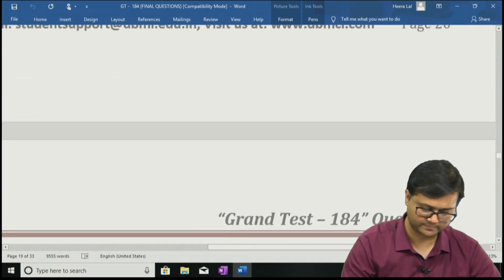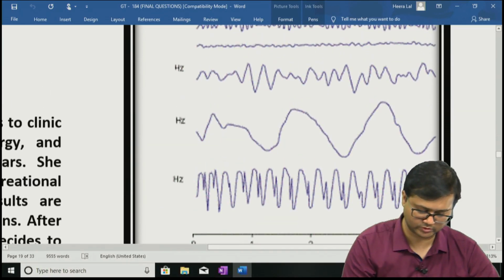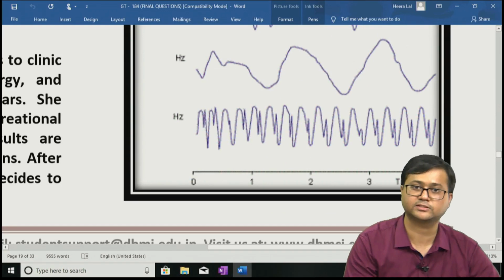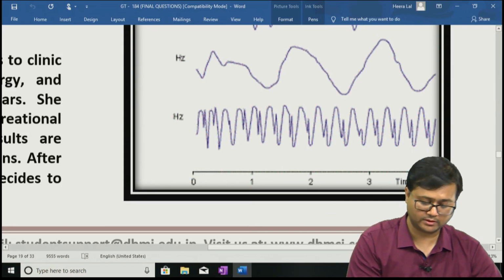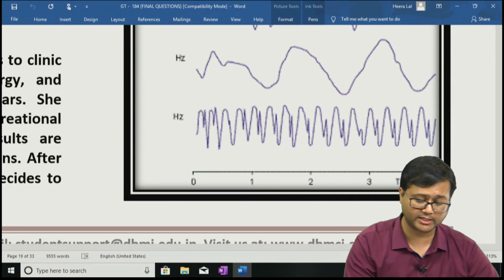Now let us discuss. They've also given the time scale on the x-axis. So the number of waves in 1 second generally tells the frequency. This is how we tell what kind of wave it is.